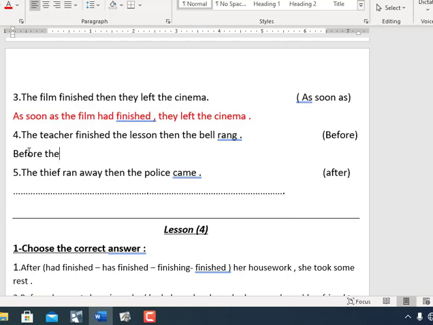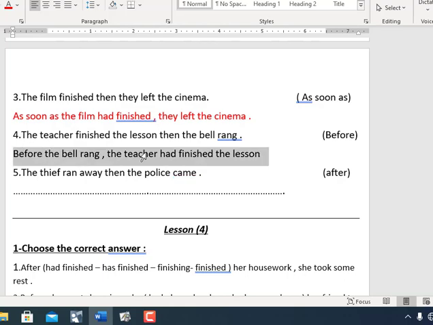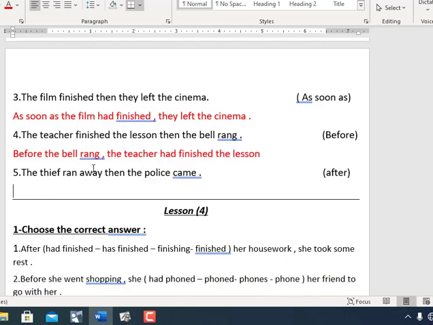So before the bell rang in the past simple, comma, the teacher had finished the lesson. So what happened first? What happened first is that the teacher finished the lesson, and what happened after that? The bell rang. So here we have the first action had finished, the second action is rang.